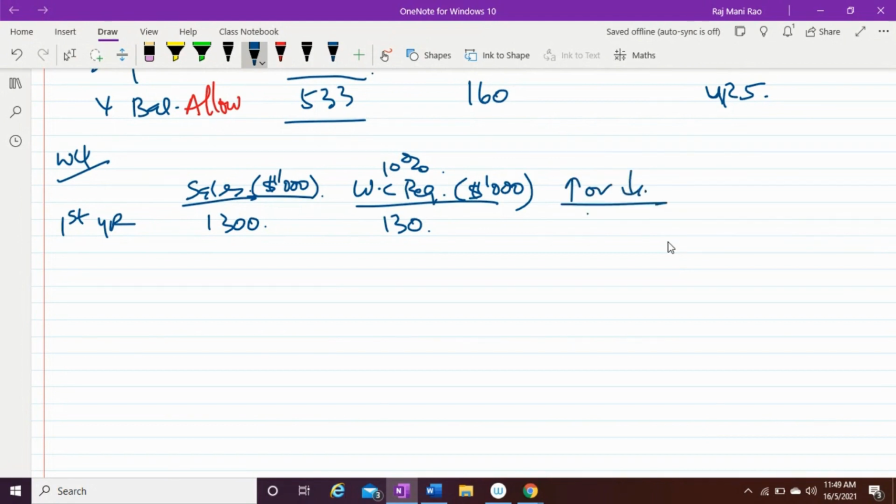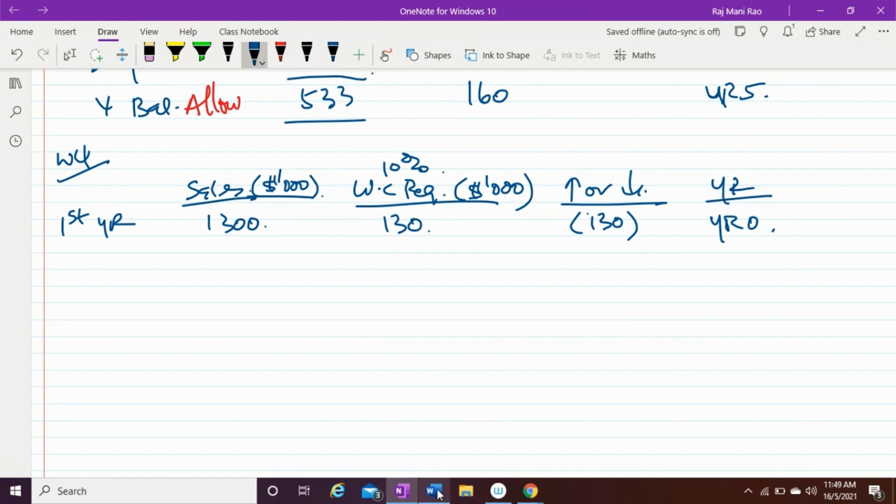Increase or decrease? $130. In which year? This will be in year 0, because you need working capital at the beginning of the year.